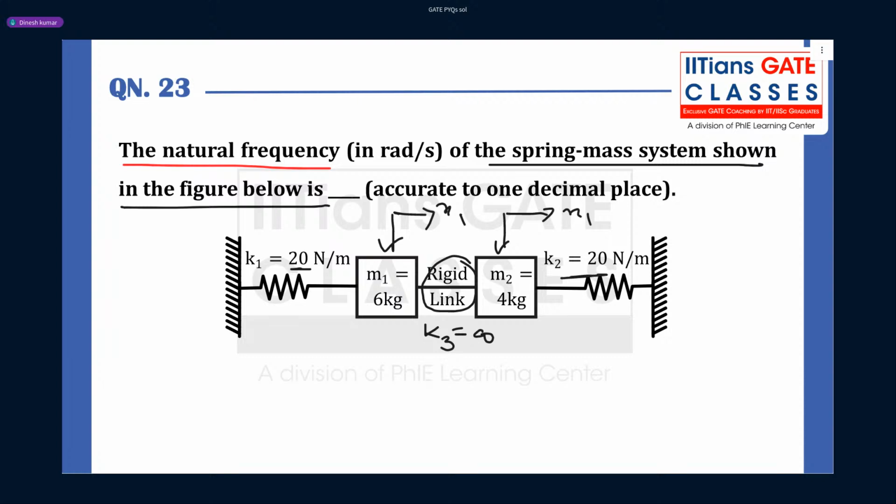Now you can see this is a single degree of freedom system, because the rigid link will not have any deformation. So K1 and K2 are connected with this whole system, which has mass M1, M2 and the rigid link. How are they connected, in series or parallel?